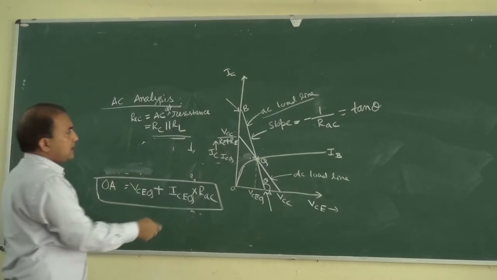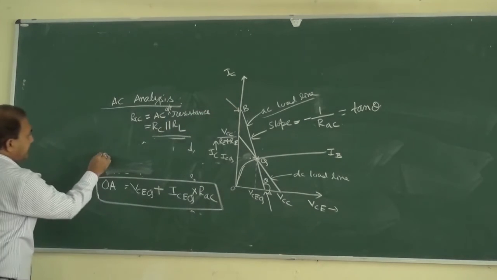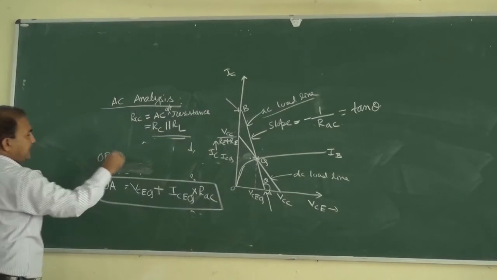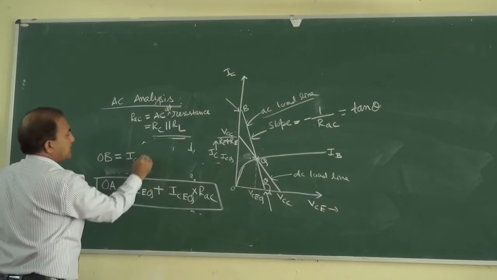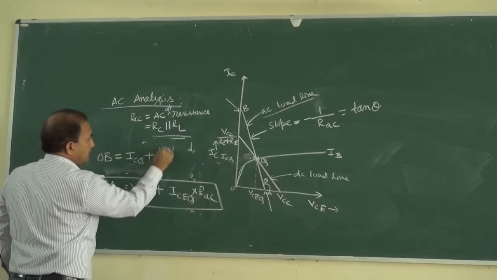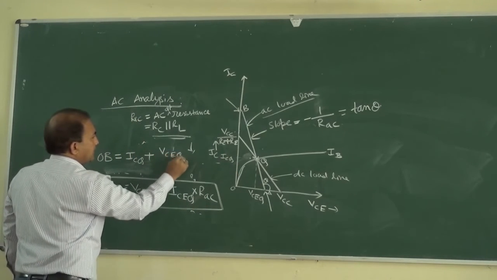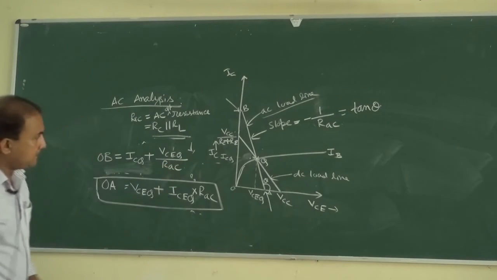Now this point OB. How can we determine OB? OB is equal to ICQ plus VCEQ divided by RAC.